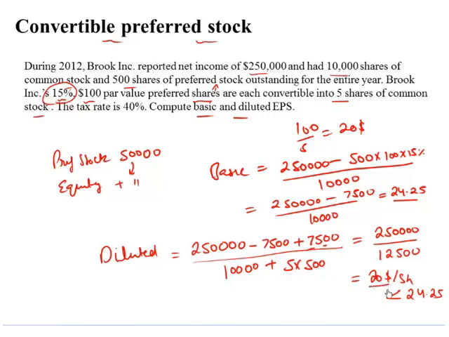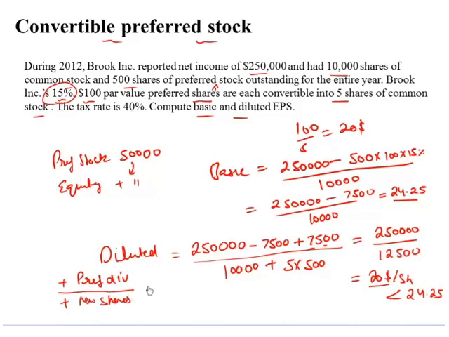And just like we had a shortcut calculation to check for debt, we can similarly check that in the convertible preferred stock, what gets added to the numerator is simply the preferred dividend, because we don't have to pay that dividend anymore. And what gets added to the denominator is the new shares because of the conversion.